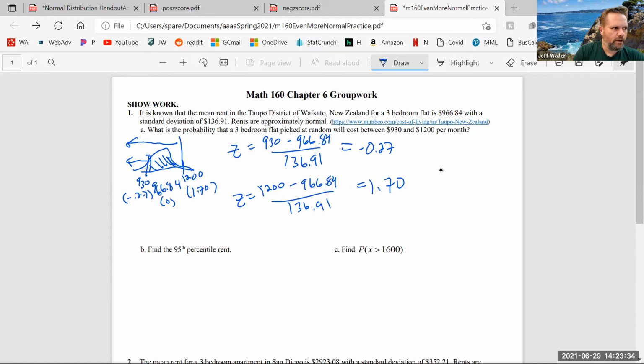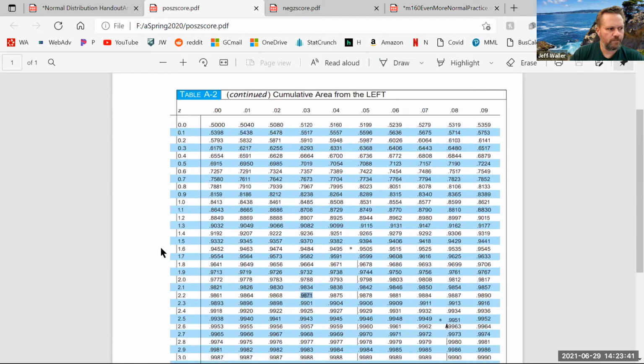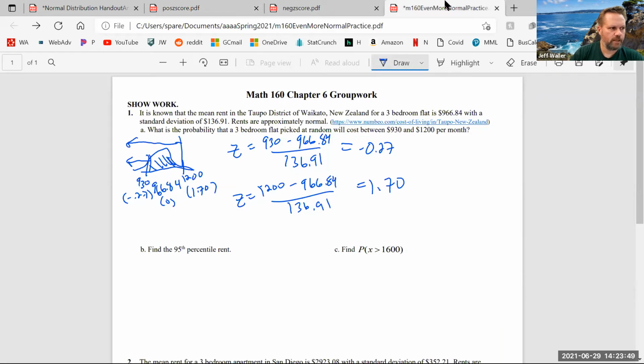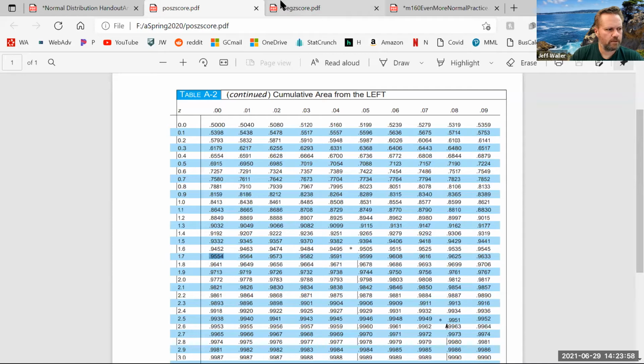All right, so now what area did you get for 1.7? Did anybody look that up yet? 0.9554, yeah. So this is 0.9554 here. What about negative 0.27? 0.3897.